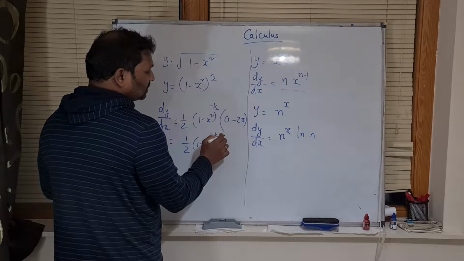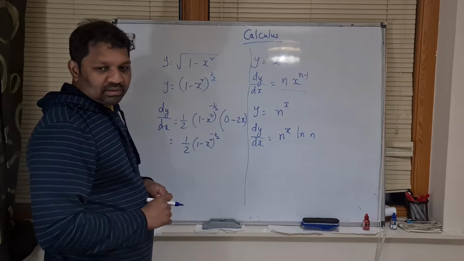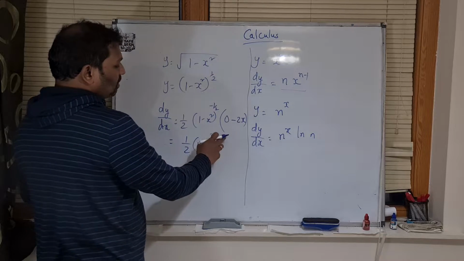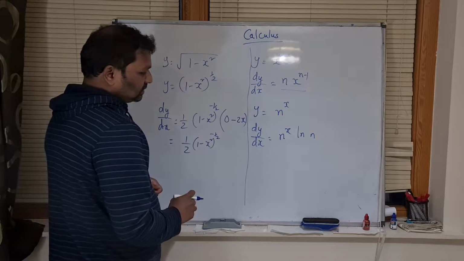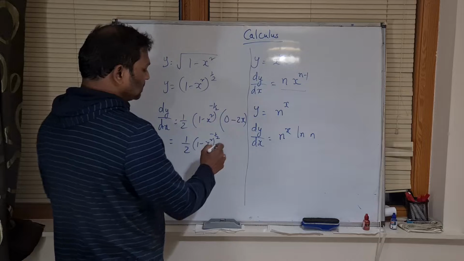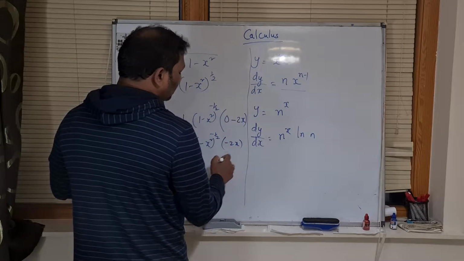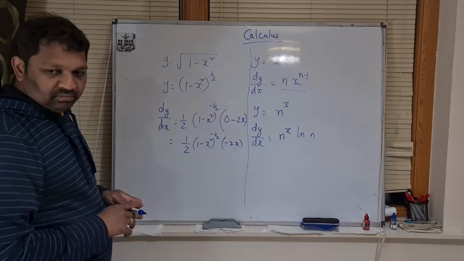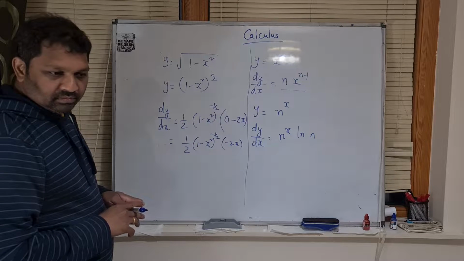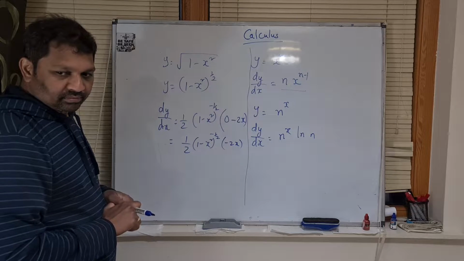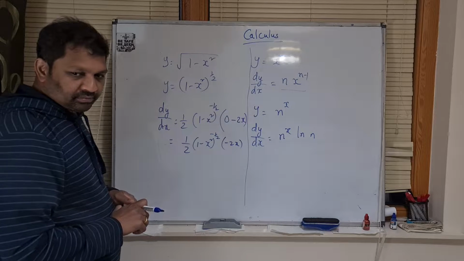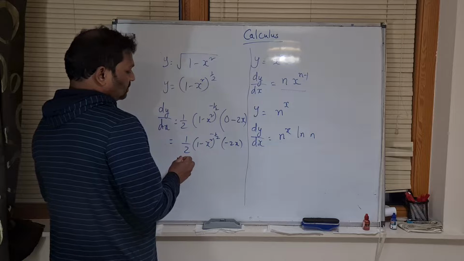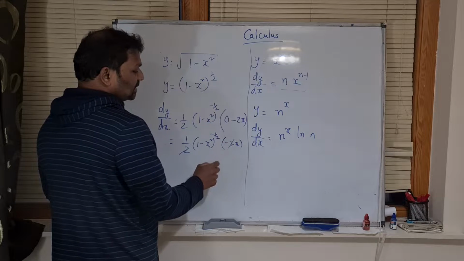the power of minus 1 by 2. So what is the simplified form of it? What can we write here? Just minus 2x. Is there any further simplification possible here? The 2 and 2 get cancelled.